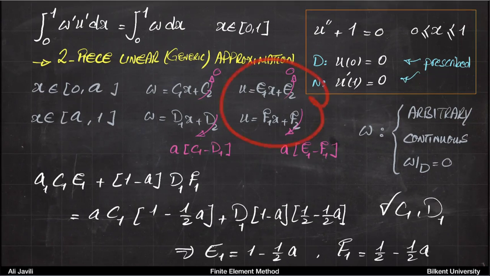Remember, U is just a function of E1 and F1. And now you have these coefficients, the parameters you wanted in the first place.